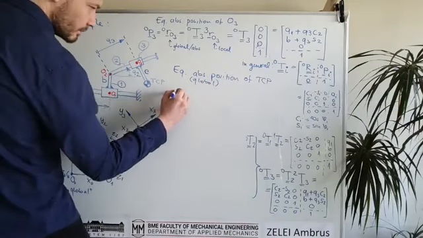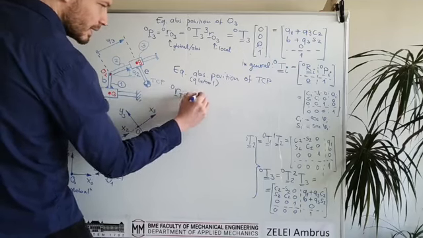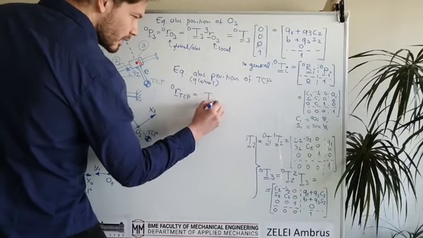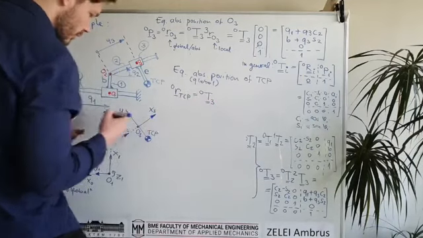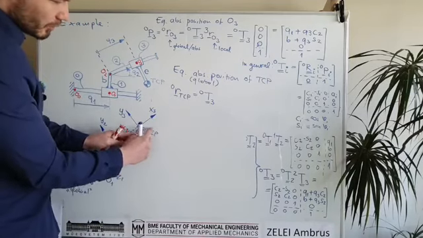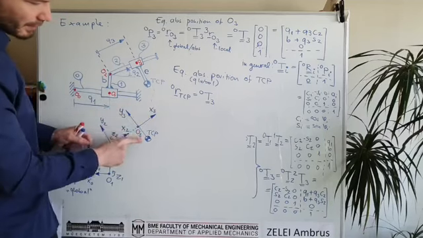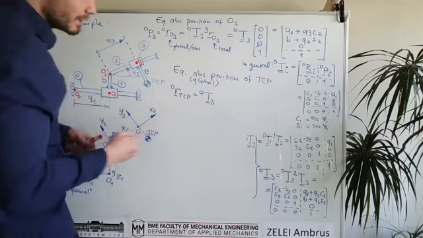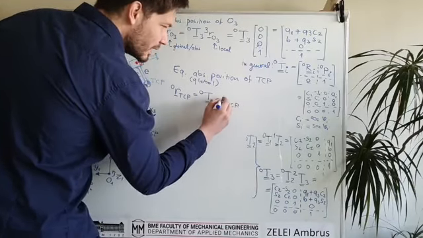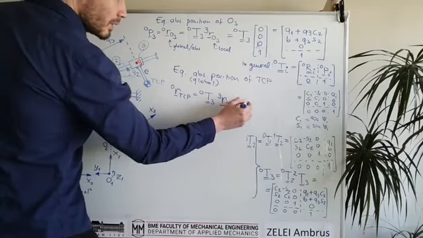So RTCP in the global frame is equal to the corresponding homogeneous transformation matrix. So we have to take the third, because the position of the TCP is a fixed constant vector in the third coordinate system. So this RTCP given in the third coordinate system is a fixed constant vector.